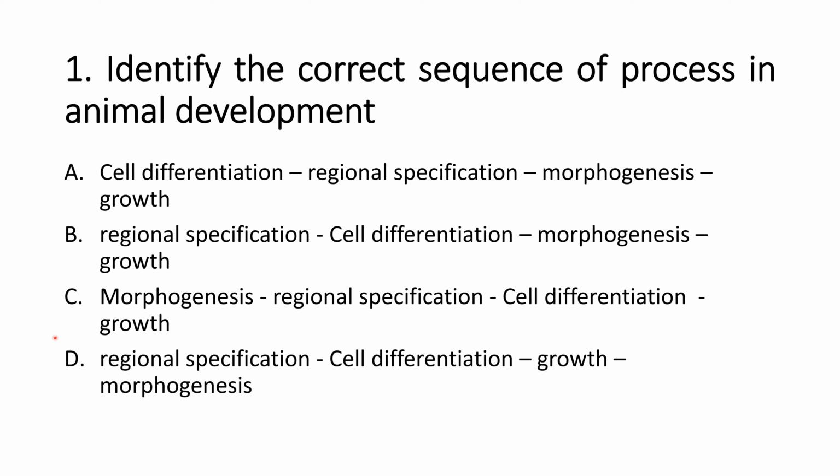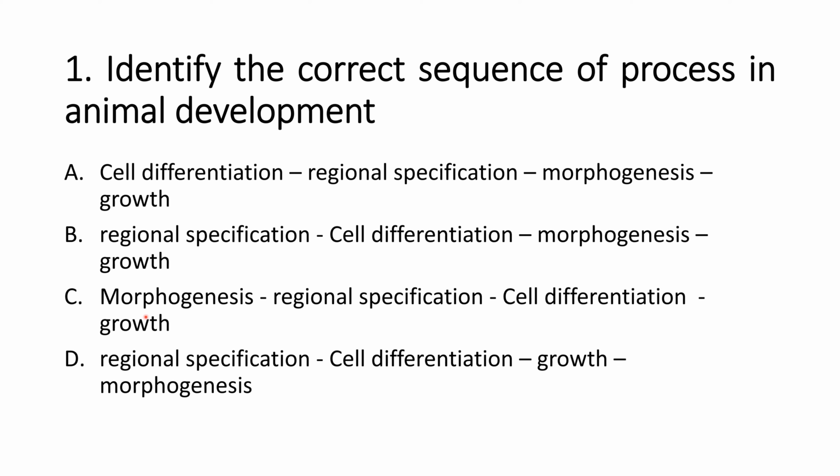Identify the correct sequence of processes in animal development. Option A is cell differentiation, regional specification, morphogenesis, growth. Option B, regional specification, cell differentiation, morphogenesis, growth.